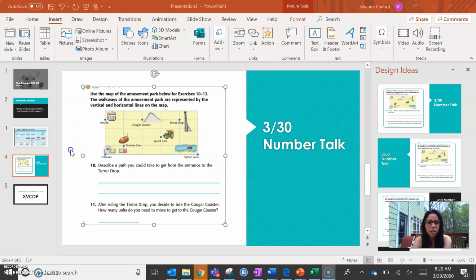Okay, like right here, for your number talk, you can see that they've asked you to describe a path you could take from the entrance right here, this coordinate, to the terror drop.